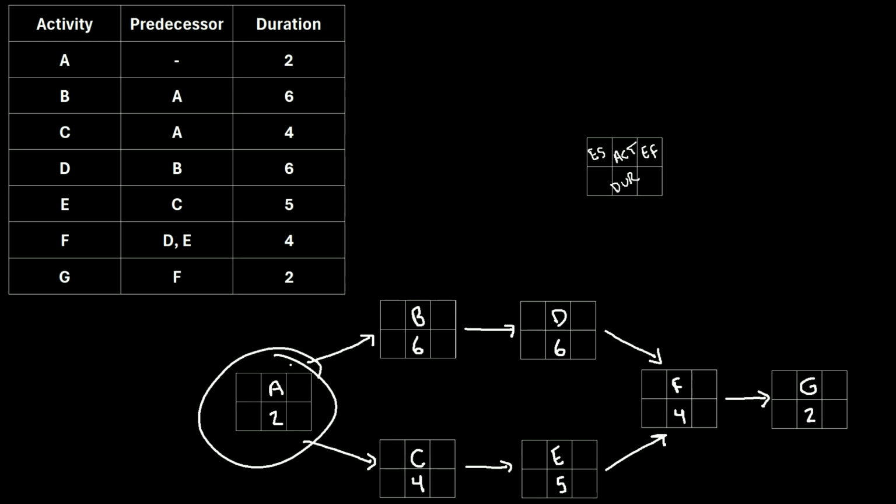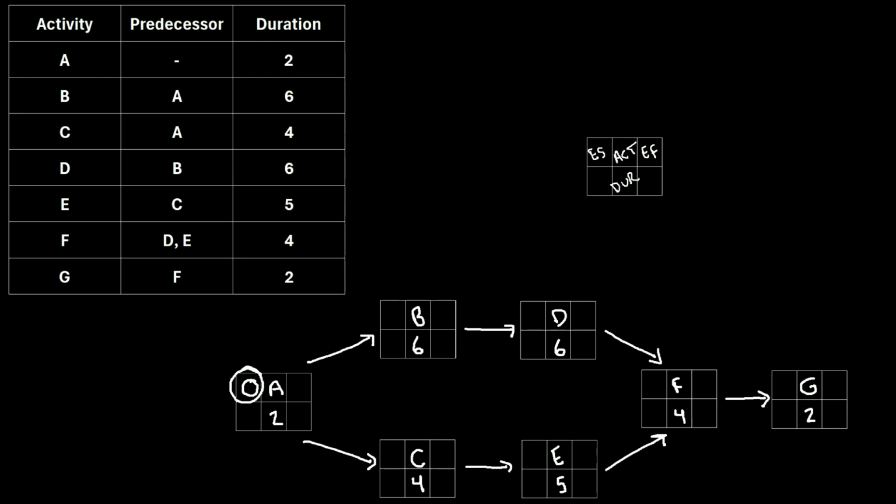We'll start with the very first activity, activity A. Whenever you have the first activity in a PDM network diagram, the early start is always denoted with a 0. Sometimes students get a little bit confused with this because they say, well, shouldn't this be a 1? Shouldn't this start on day 1 of the project? But what you must understand is that when you write a value like this in the PDM network diagram, this represents the end of that particular day, or it can also represent the very beginning of the next day.